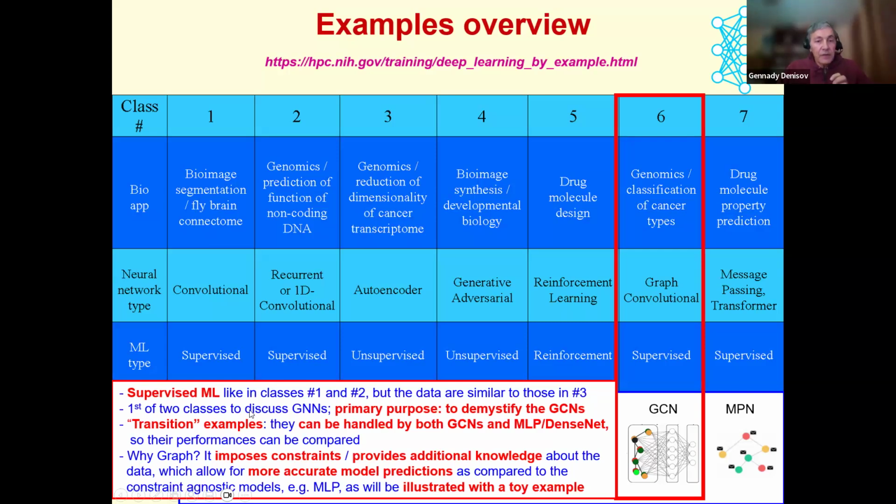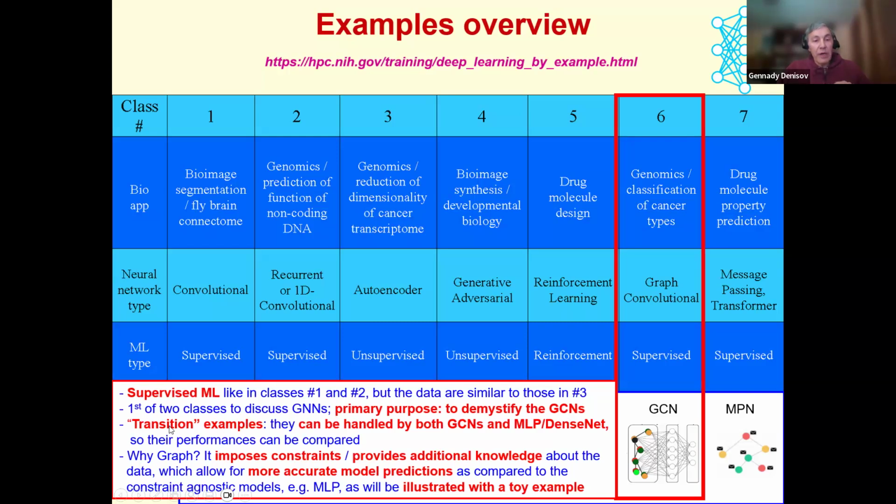Second, this class will be actually the first of 2 classes to discuss graph neural networks. Therefore, I will not assume any previous knowledge about the graph, and the presentation will be given from ground up. So the purpose will be to demystify the graph neural networks.